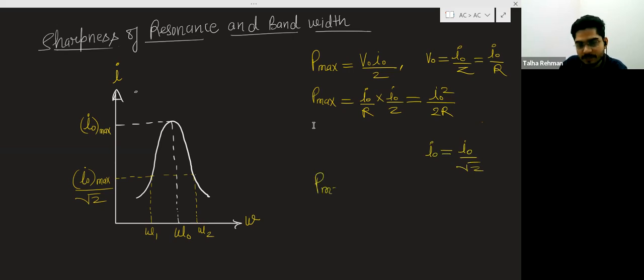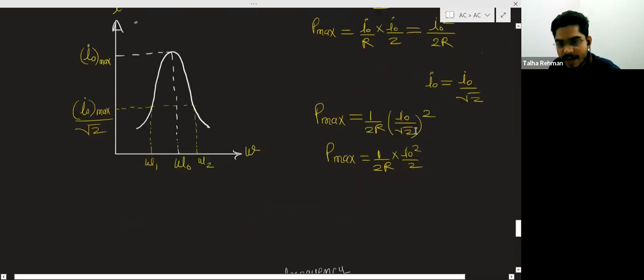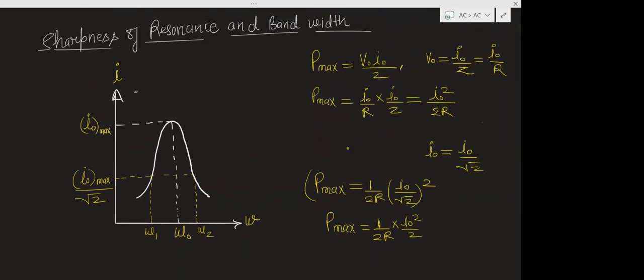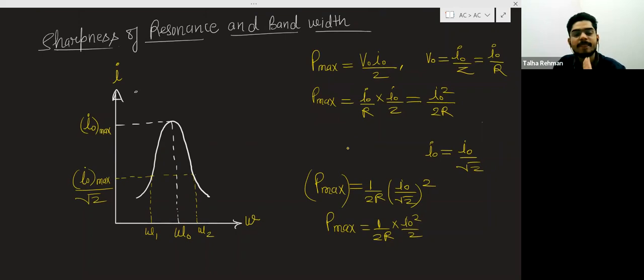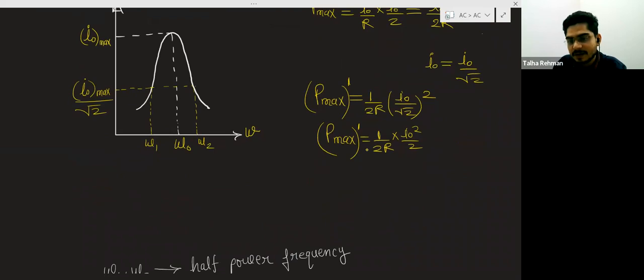It will become 1 by 2R times I naught max by root 2 squared, which is I naught square by 4R. So compared with the maximum power, you are getting half of the maximum power.